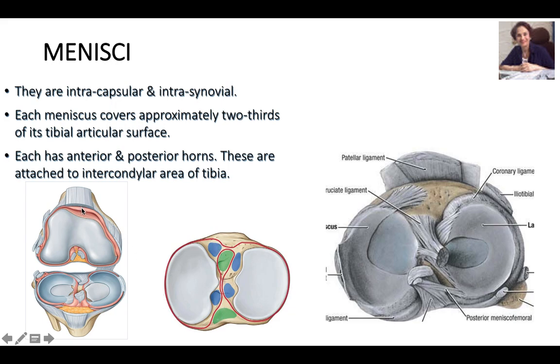This is capsule and this is a synovial membrane lining it from inside. So it is both intracapsular as well as intrasynovial. Each meniscus covers almost 2/3 of the tibial surfaces. Then it has anterior and the posterior horns which are attached to intercondylar area.